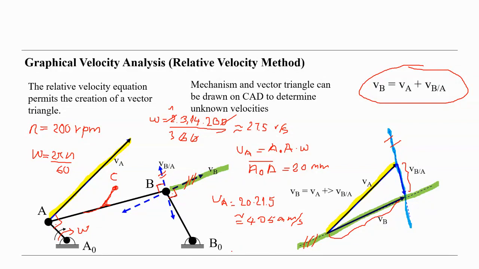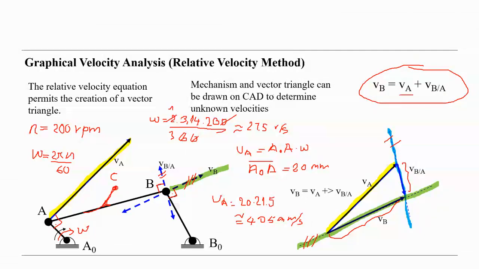So that means we know the tangential or linear velocity of the point A, and our interest is to calculate the velocity of the point B. We know from the equations how it is by the calculation of the relative velocity. VB is equal to VA plus VBA.